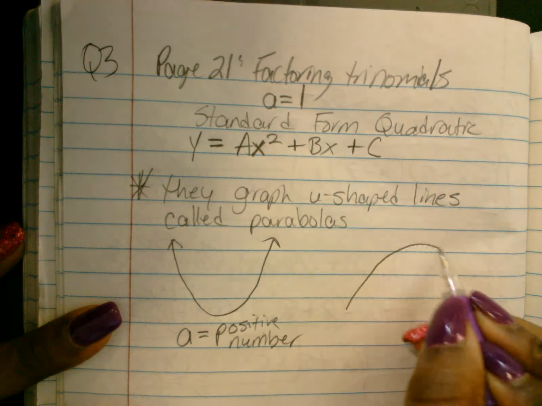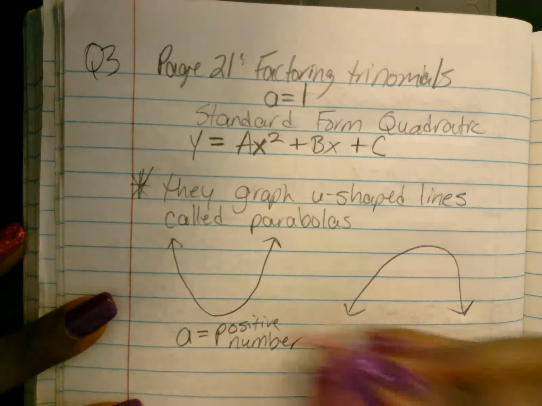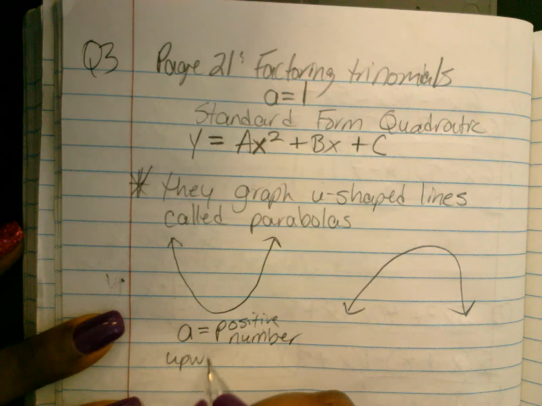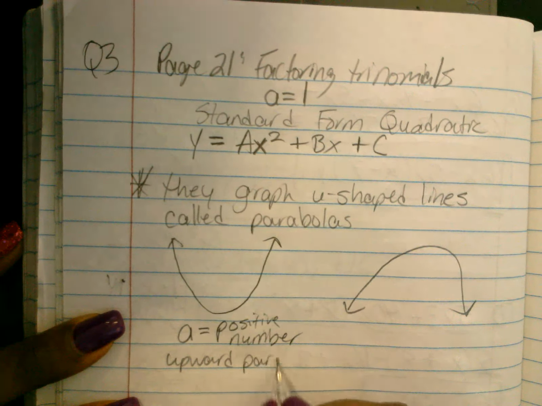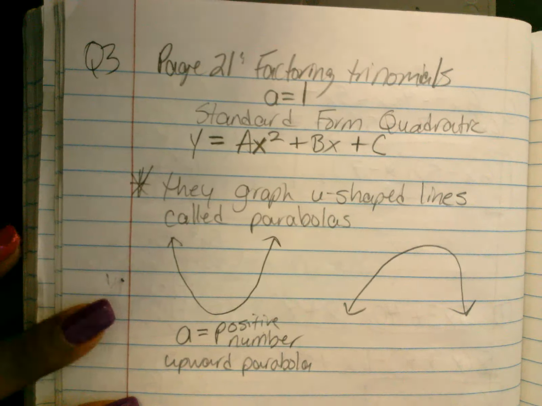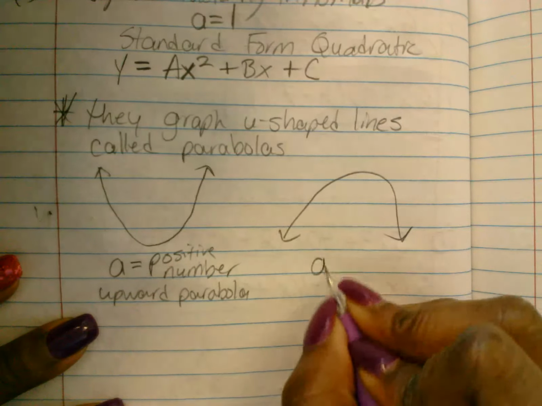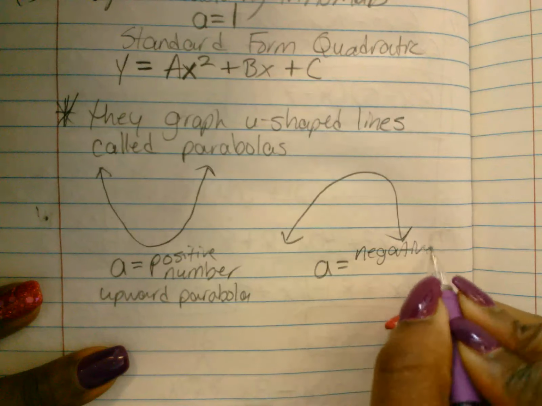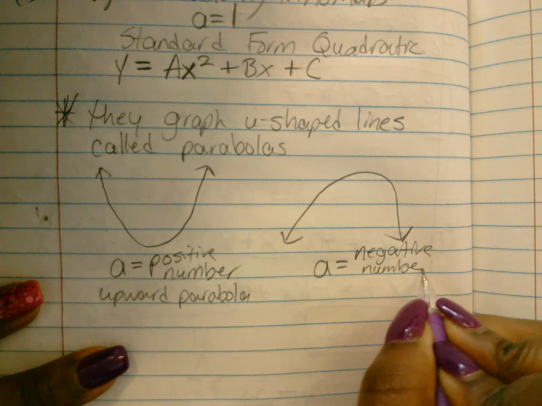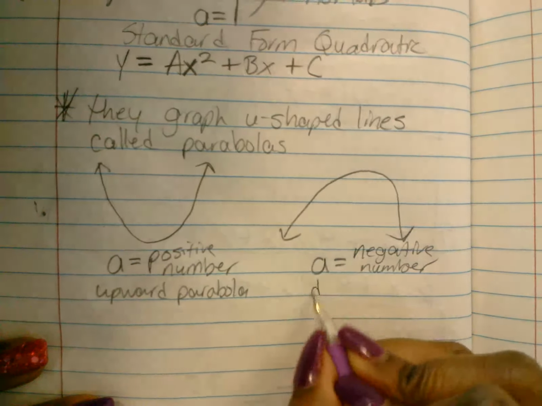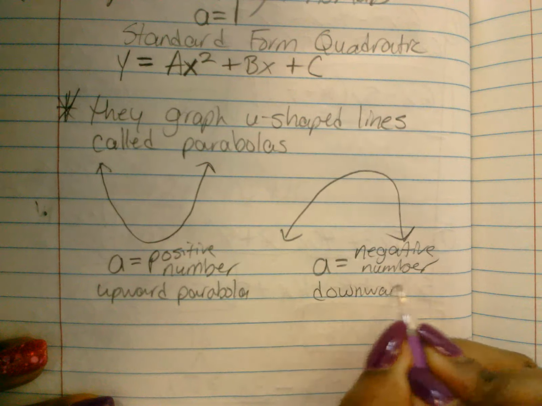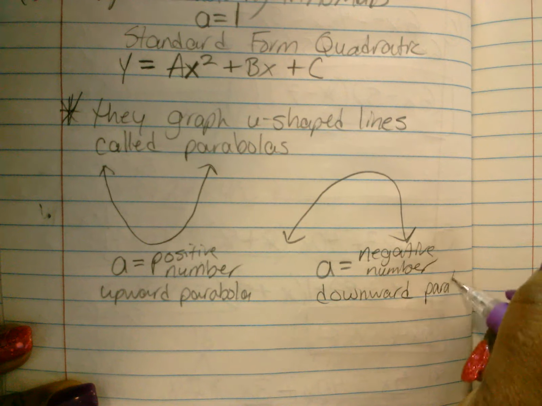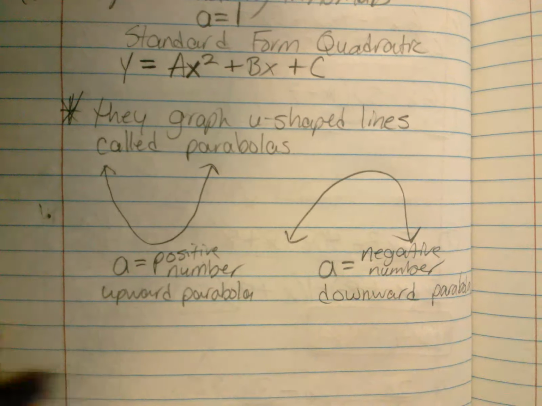Or it's a downward parabola. This is upward. Let me put upward under here. A downward parabola is where your A is equal to a negative number. This is a downward parabola. I'm going to pause for the calls to give us a chance to write it.